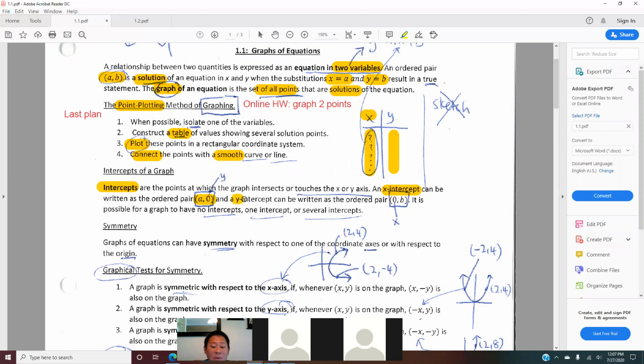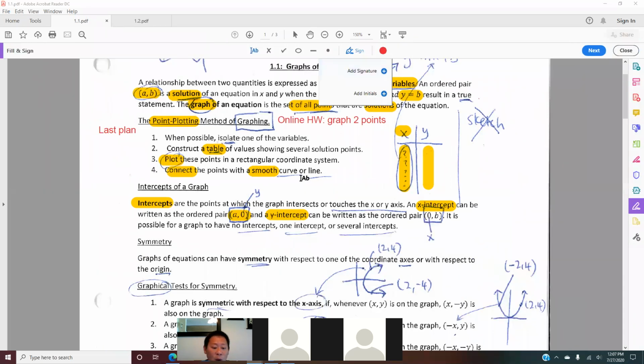Same thing when you want to find the y-intercept, your x will be 0. So when you do your x-intercept, you set y equal to 0 and solve for x. And to find the y-intercept, you set x equal to 0 and solve for y. Sometimes a graph can have no intercept, one intercept, or several intercepts.